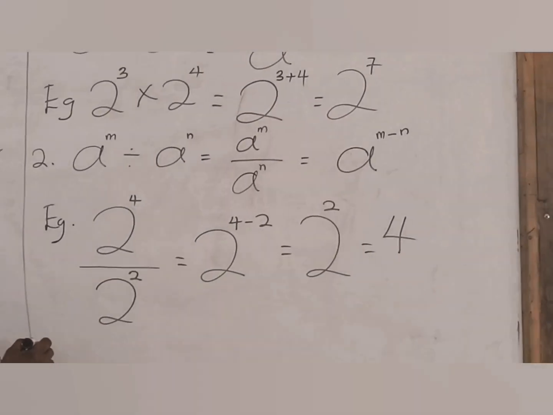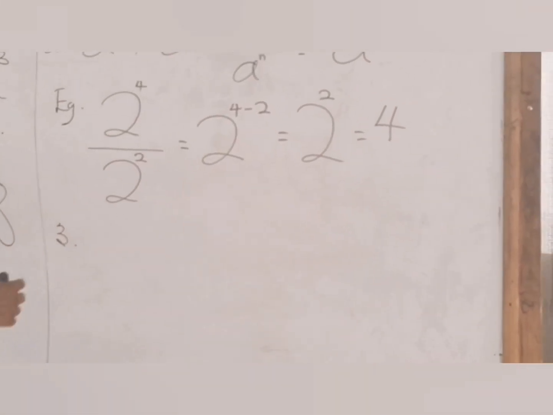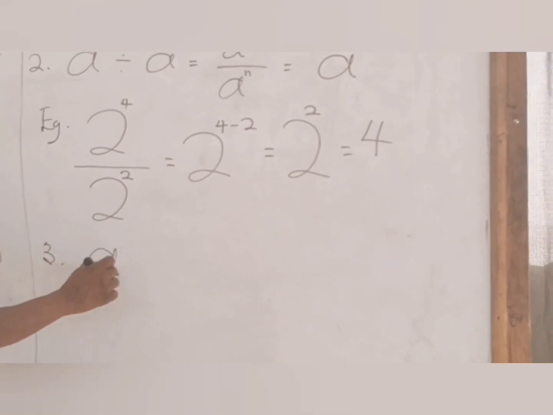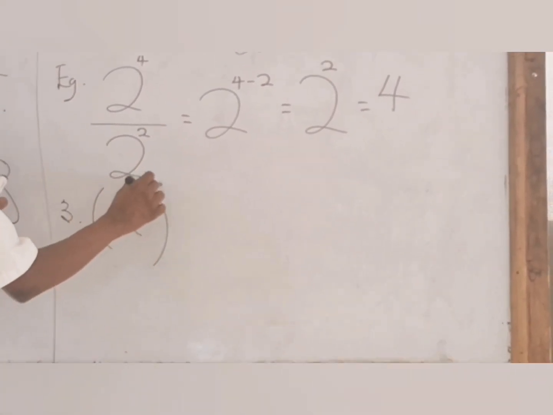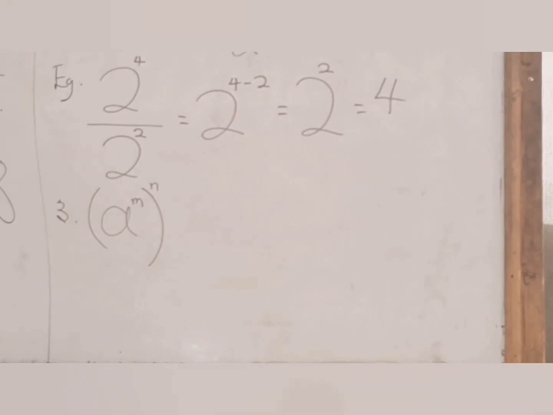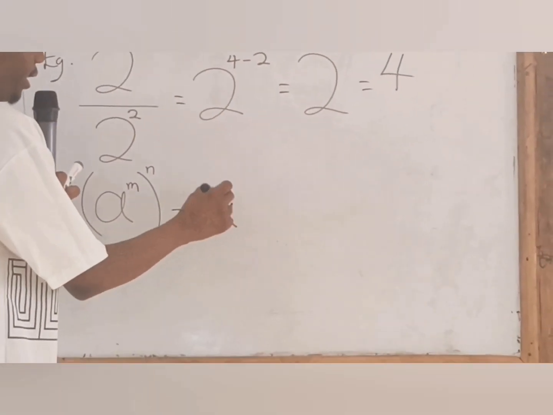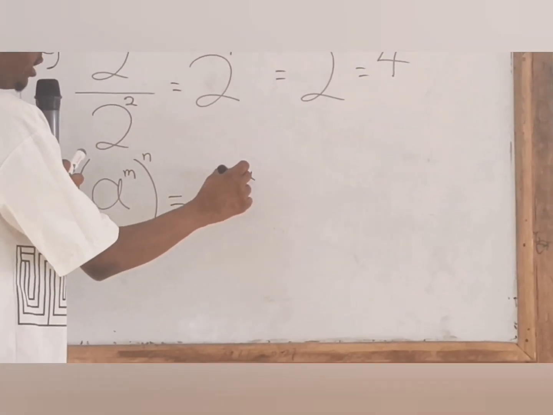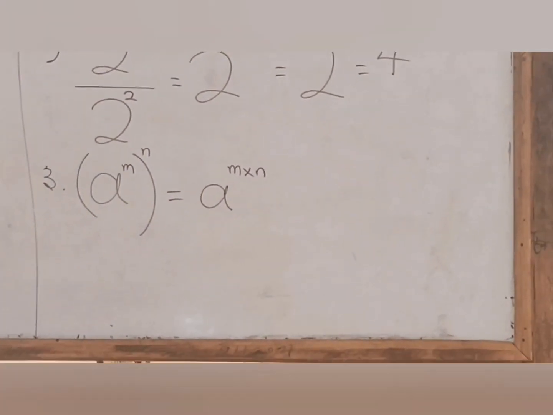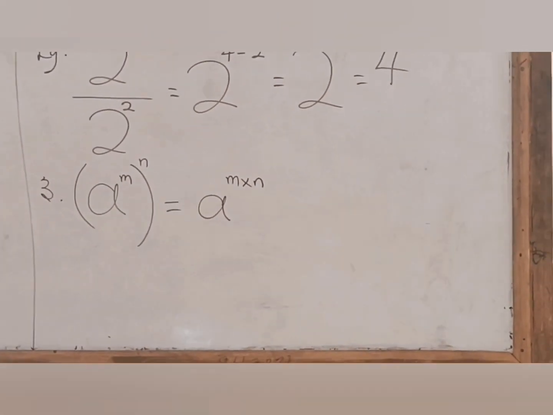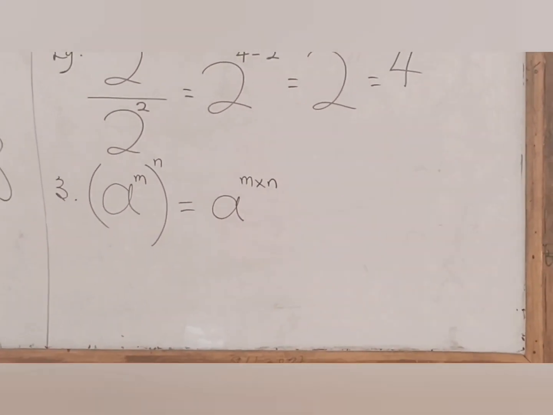The third and the final one: whenever you have an index to another power, you multiply the powers, m times n.